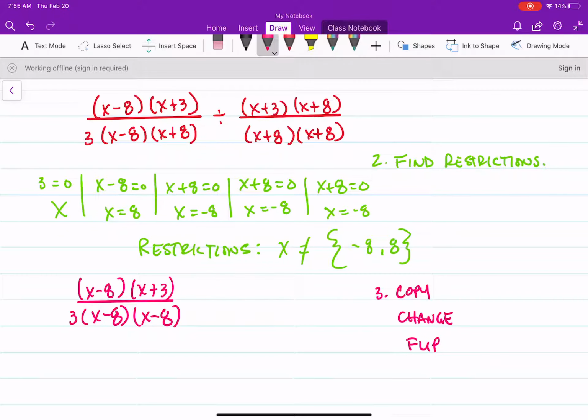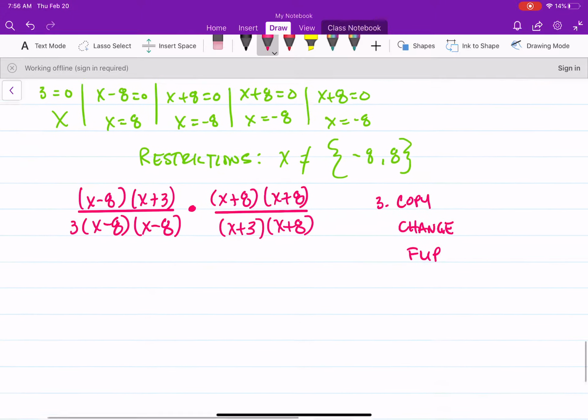That's the copy. We're going to change division to multiplication, and we're going to flip this one. x plus 8, x plus 8 over x plus 3, x plus 8. So there's my copy, change, flip.